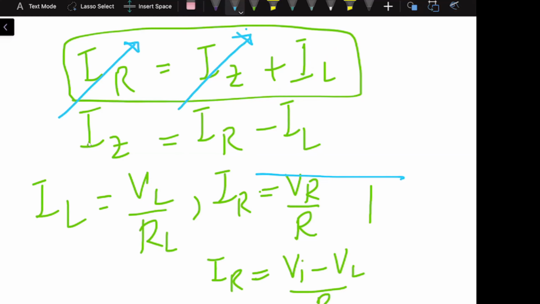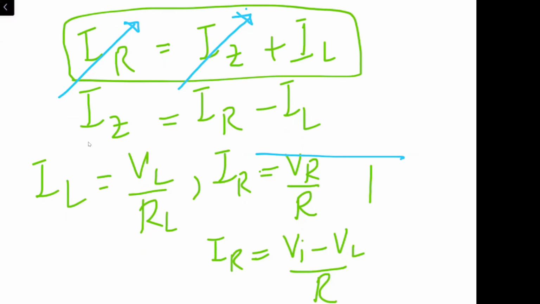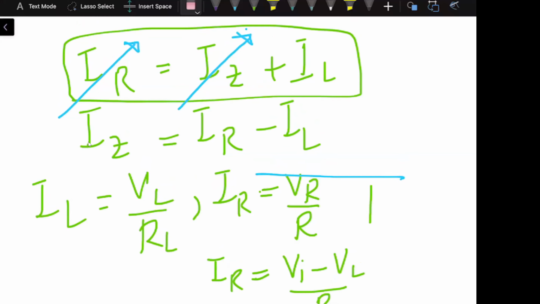Similarly, if we decrease the input voltage, there will be a decrease in IR, and that decrease in IR will be countered by a decrease in IZ, keeping VZ constant, right?